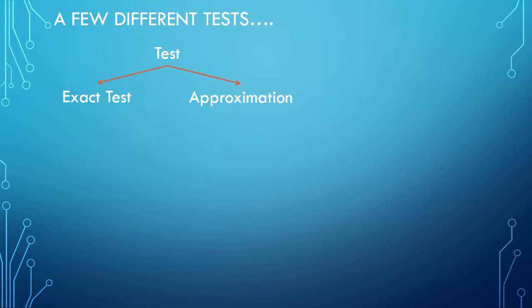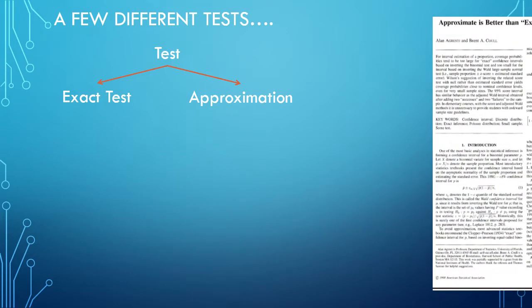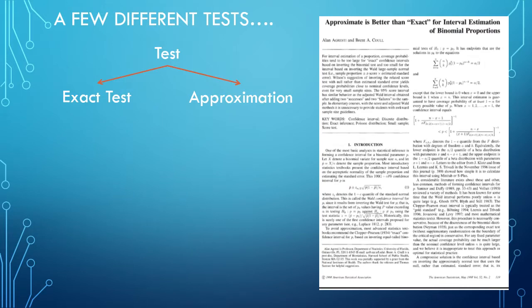Another approach would be to use some kind of approximation. An approximation is usually preferred if you have a very large sample size, because then an exact test can take quite a long time to actually be performed. Now, there are some articles, like for example this one, where they're talking about an approximation being even better than exact, at least for interval estimation of binomial proportions.